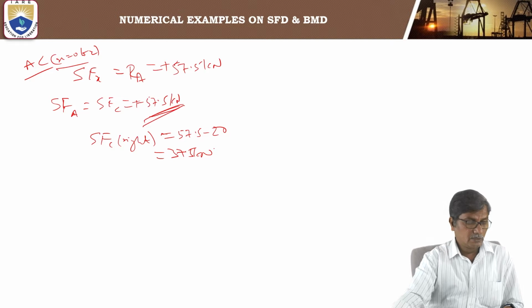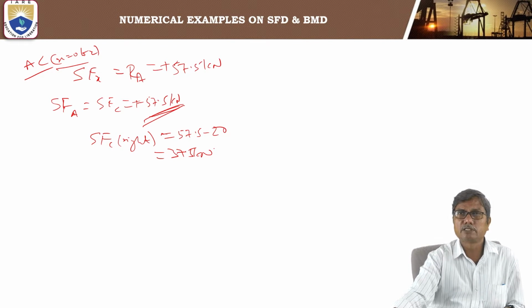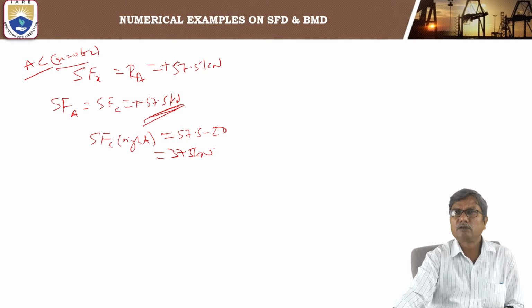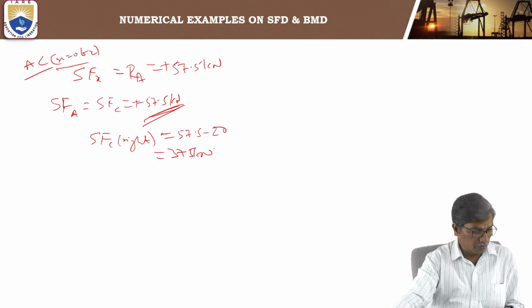Since the point load is acting at C, there is a sudden drop or rise in the value of shear force at that point.